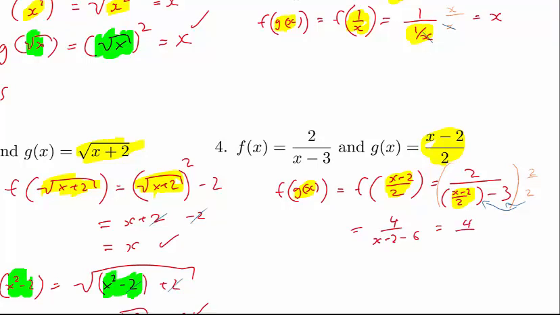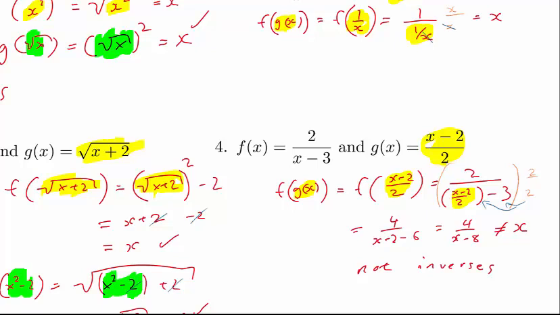And so we have 4 divided by x minus 8, and this does not equal x, therefore they are not inverses. And there is no reason to check the other direction because we've already concluded that one is not the inverse of the other. We're done.